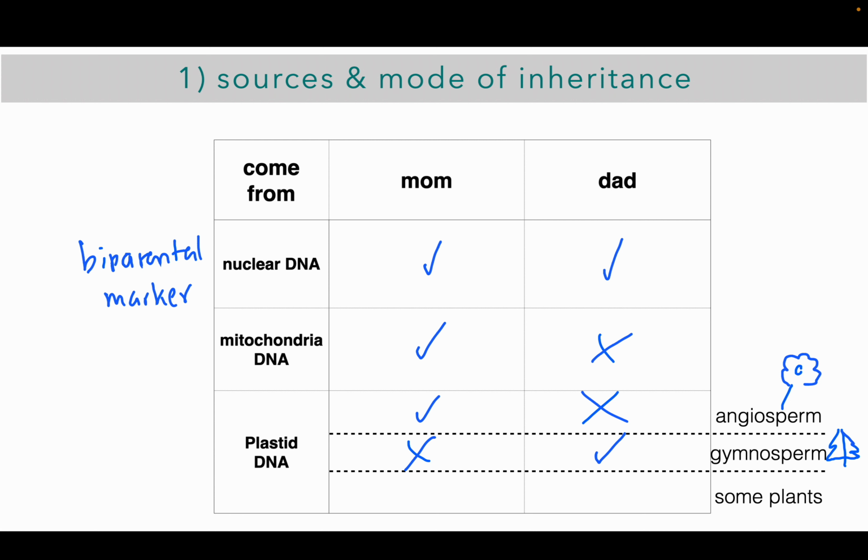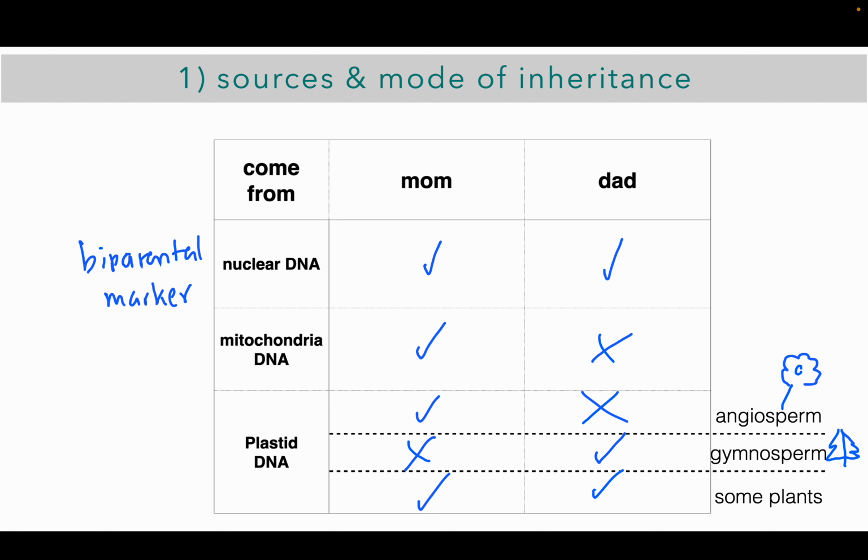And in some really weird plants, mom and dad love you both, so you get DNA from both. So in plants, chloroplasts are funny, but for the most part, if you haven't heard otherwise, most organelle DNA comes from mom's side.